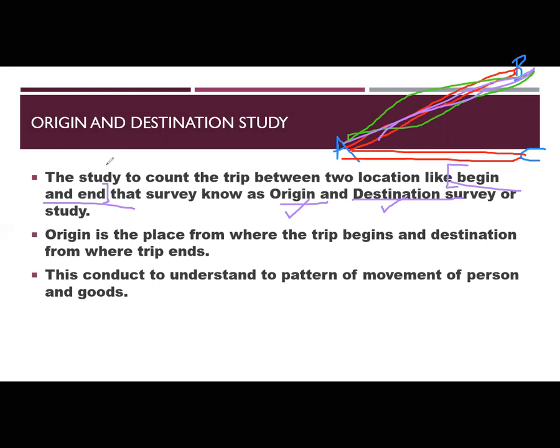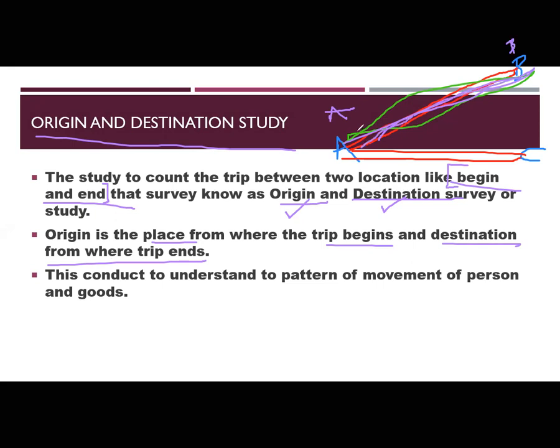That's why we are doing this origin and destination study. Origin is the place from where the trip begins, and destination is where the trip ends. So origin is position A and destination is position B. This is one trip, and then B to A is the second trip.